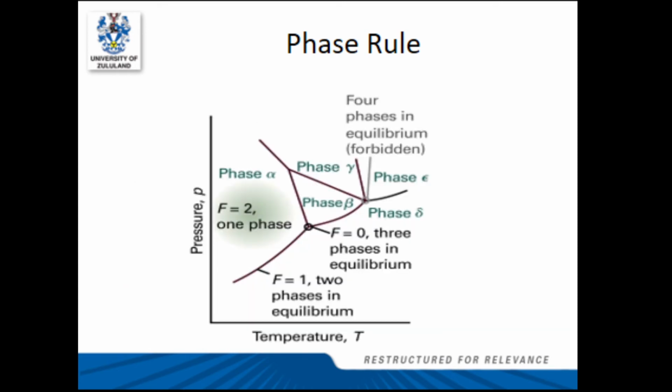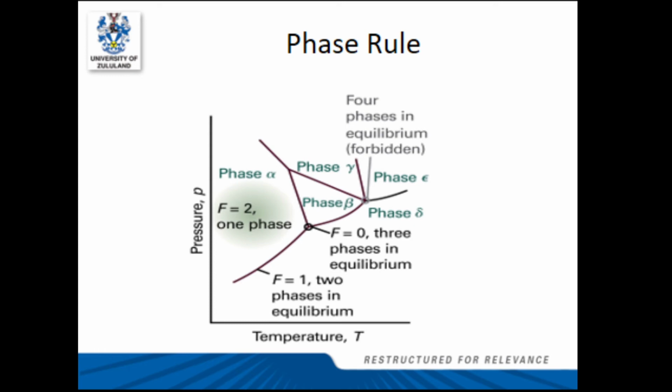So let's look at a typical phase diagram whereby we are going to apply the phase rule. Normally, this is a graph of pressure versus temperature. In this case, we are going to increase the temperature, and we want to see what will happen with our pressure.